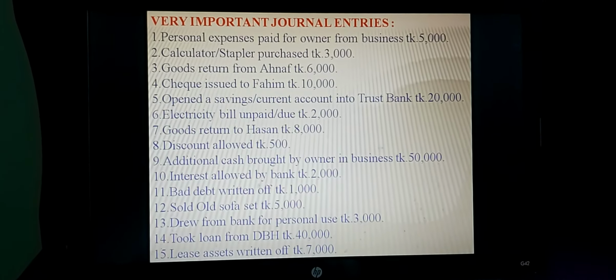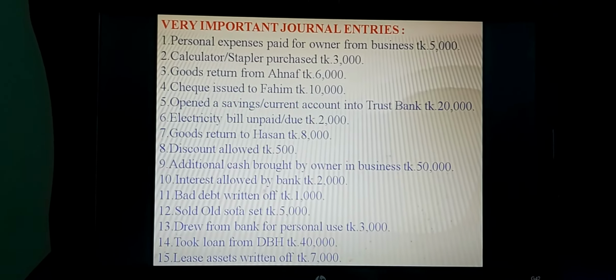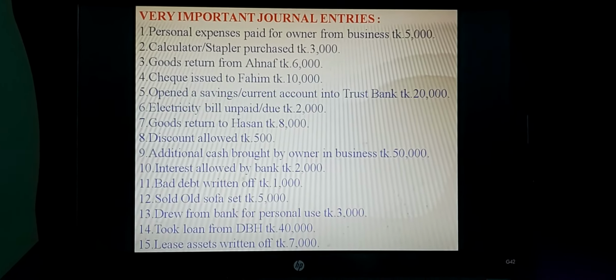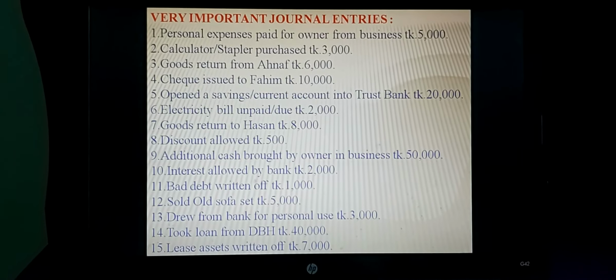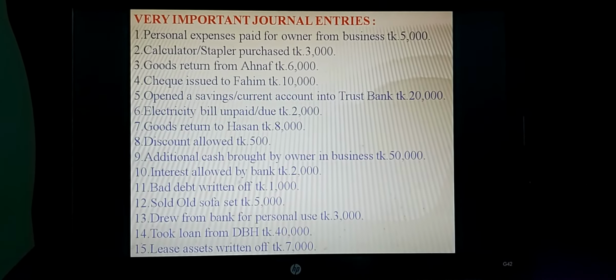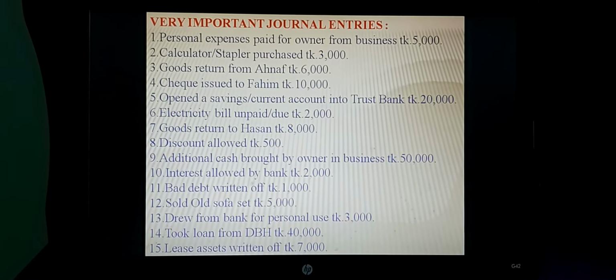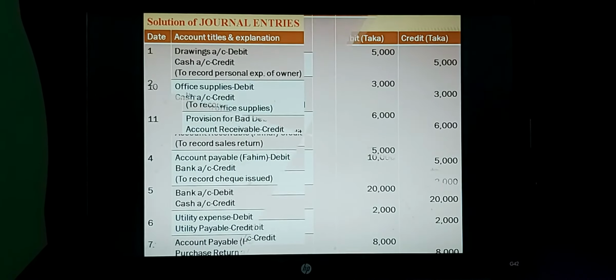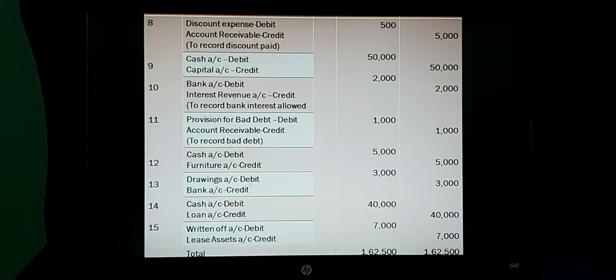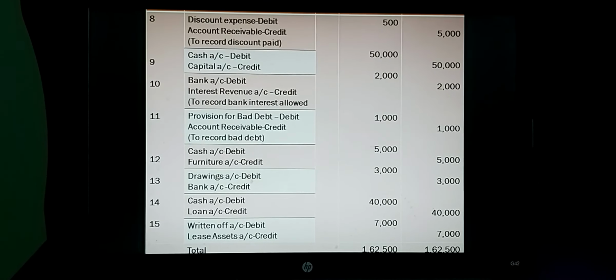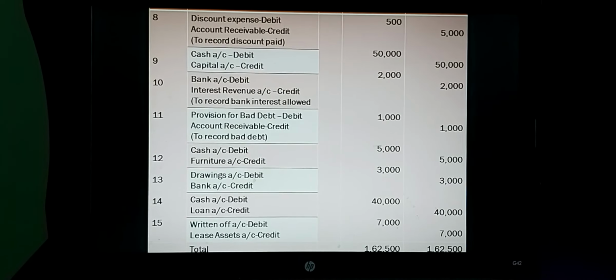Lease asset. Now you can write for this transaction: first debit and credit, written off or amortization expenses debit, lease assets credit. Dear boys and girls, you can match with the answer. Lease written off account debit, lease assets account credit for taka 7,000.